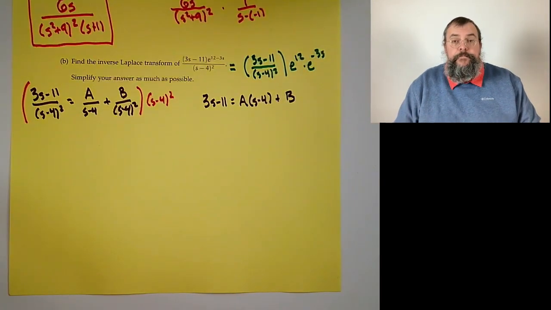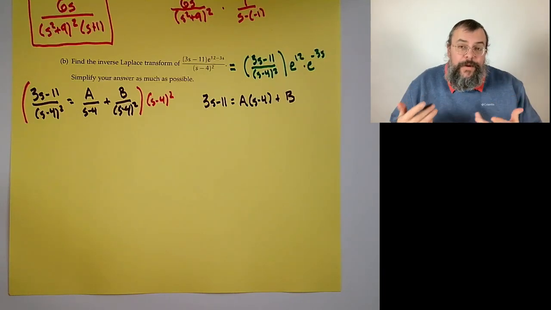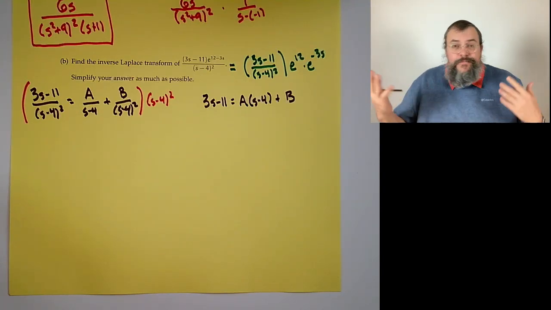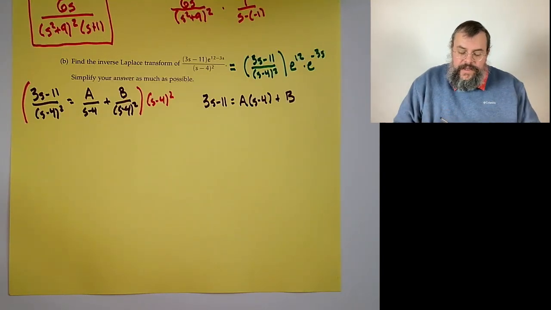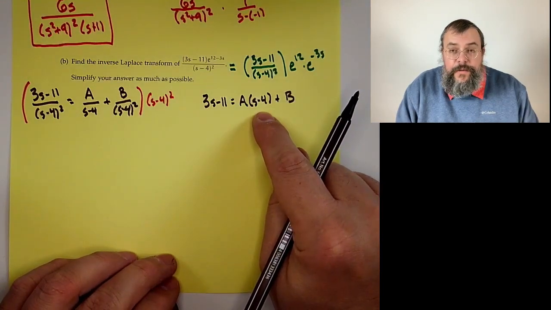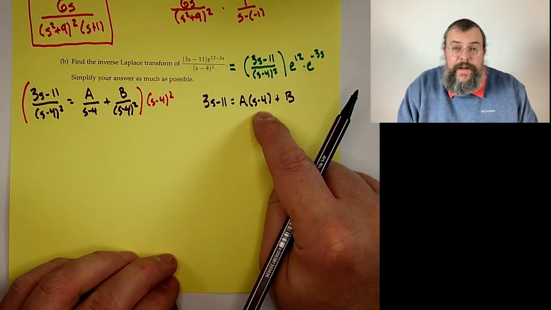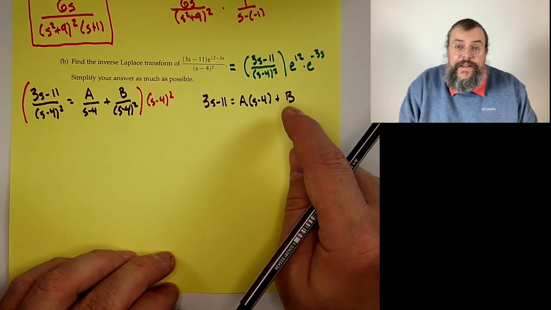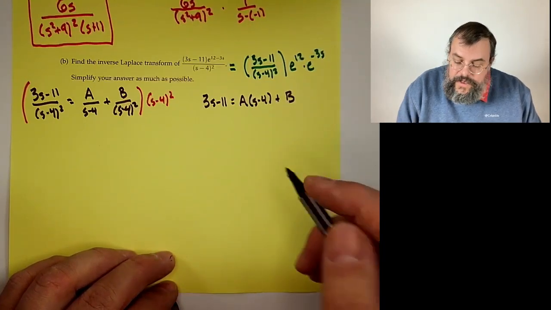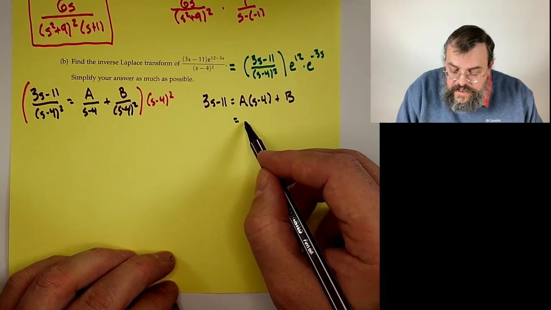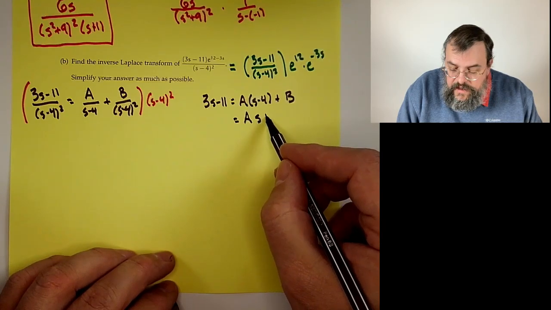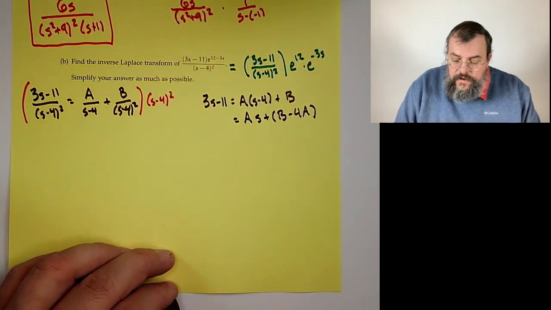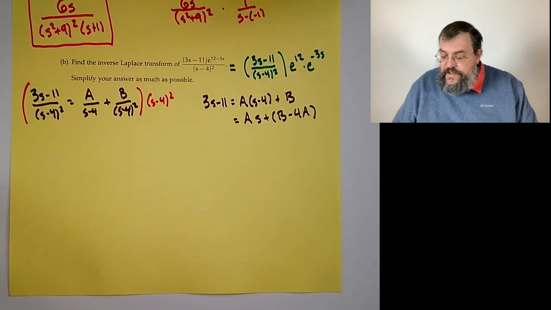So plus B. Now, we can do this in a couple different ways. We can choose some nice values, or we can expand and group coefficients. They're both quick, actually. They're both very quick. Some nice values, you can choose s equals 4, and then that automatically gives you that B equals 1. Once you have that, plug in s equals 5, and you can solve for A. Another way you can do it is if you expand coefficients. This is A times s plus B minus 4 times A. Well, the coefficients on both sides have to match.